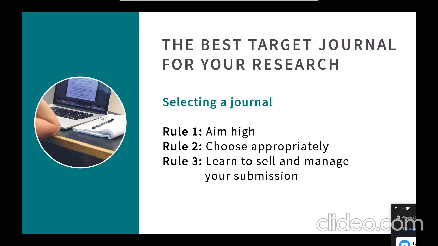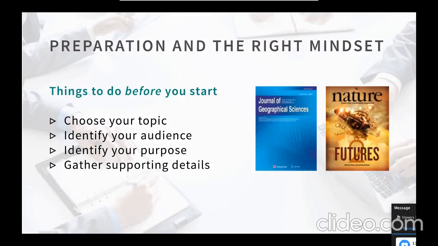These are areas that we find often that academic authors need help with: how to choose a journal, how to understand the difference between different kinds of academic journals, open access or traditional journals, for example, and then how to submit, how to make a pre-submission inquiry, how to talk to an editor before making a submission in order to make sure that the article itself has the highest chance of being successfully accepted in a target journal.